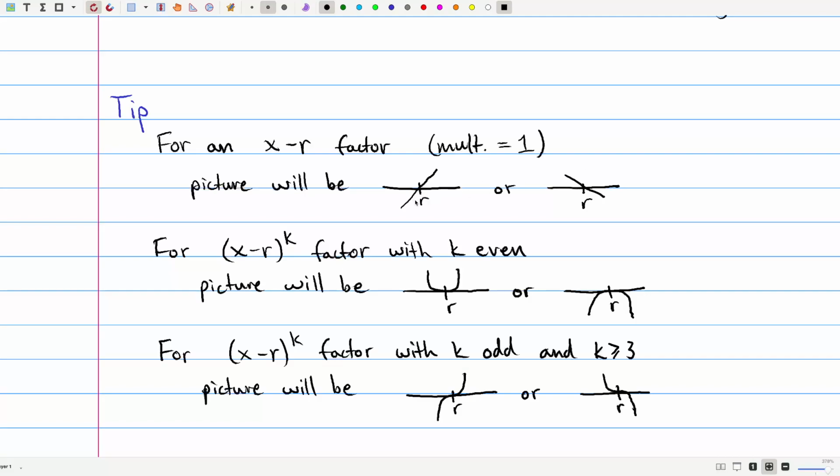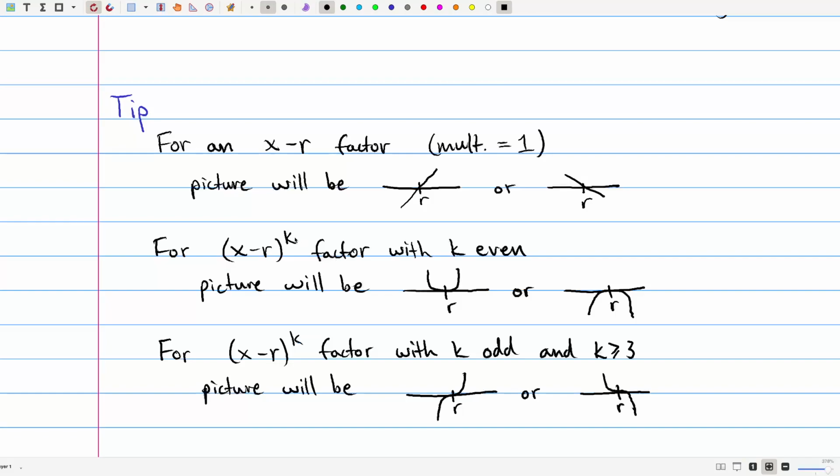So you don't know ahead of time whether it's going to be going up or down if all you know is the multiplicity, but it's going to look like one of those two. And then after that, for larger multiplicities, there are basically just two cases. The first case is when the multiplicity is even, and the second case is when the multiplicity is odd.